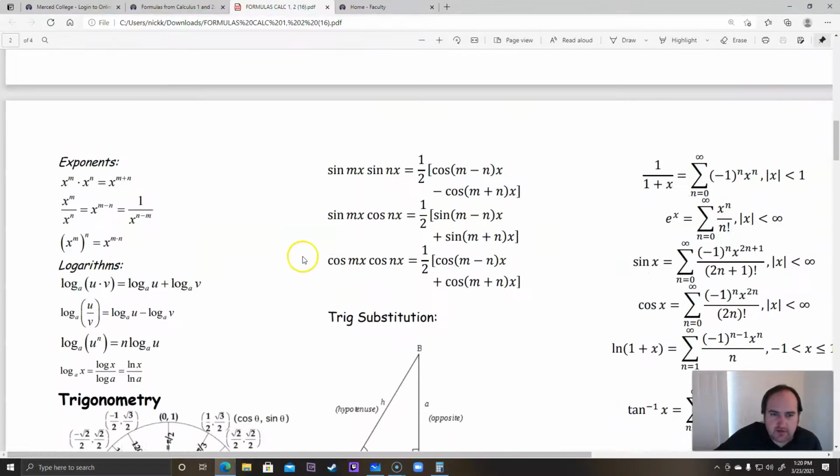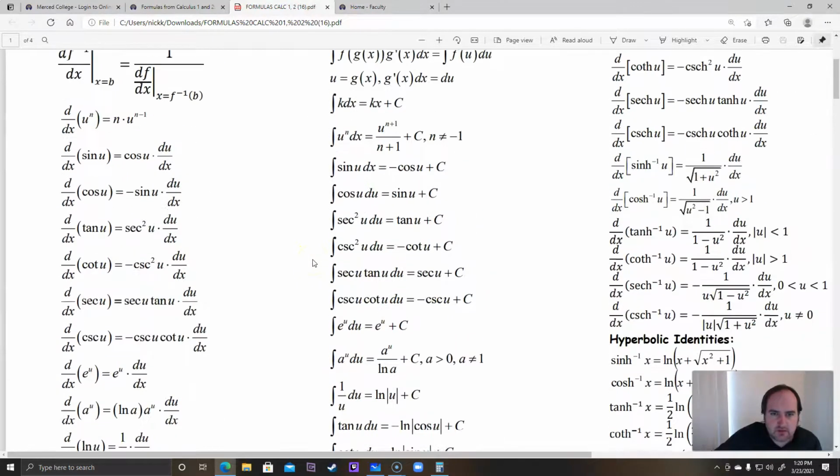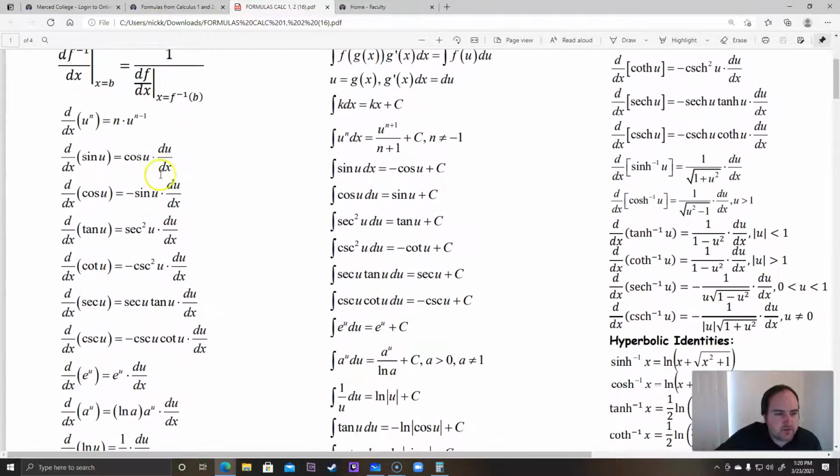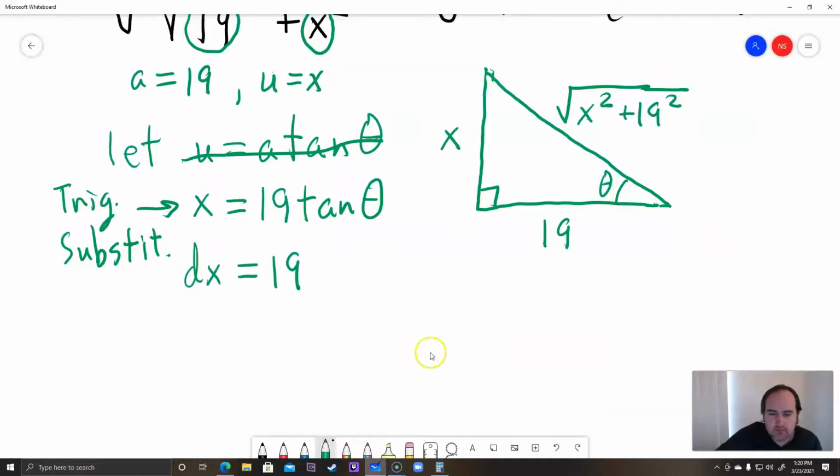And again, if you forget any of these formulas, you can go to derivatives on your first formulas page. d/dx of tangent of u equals secant squared of u times du/dx. So that's the formula we're using there. So 19 is a constant, and then the derivative of tangent is secant squared. So that's going to be secant squared of theta. But we still have to use the chain rule.